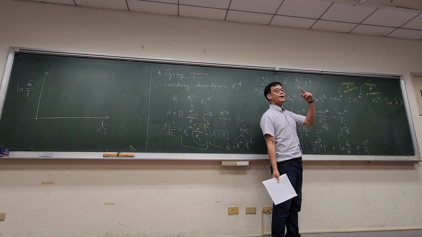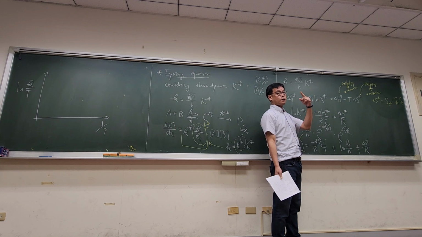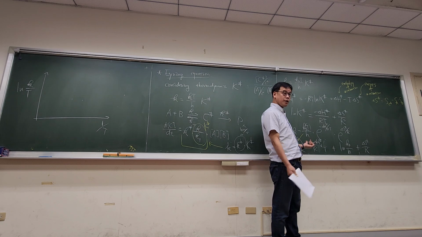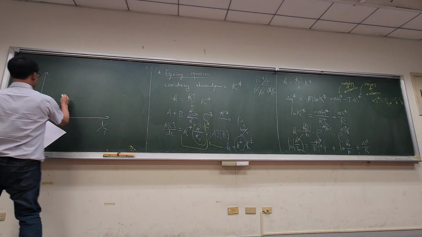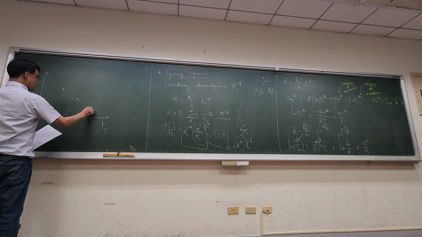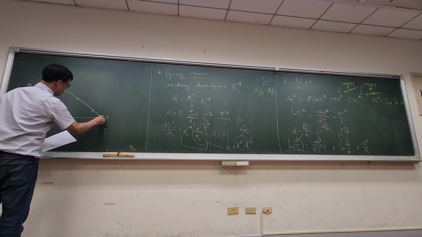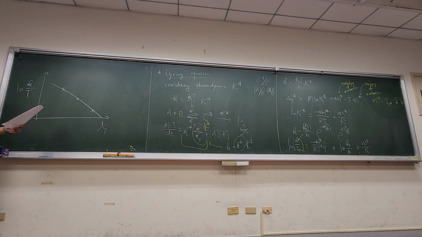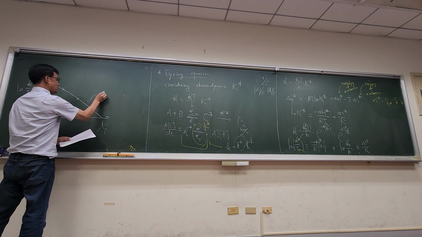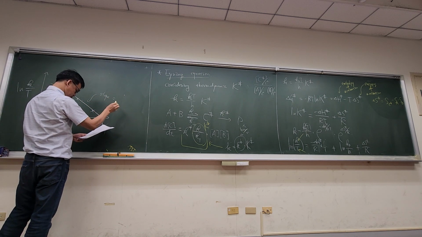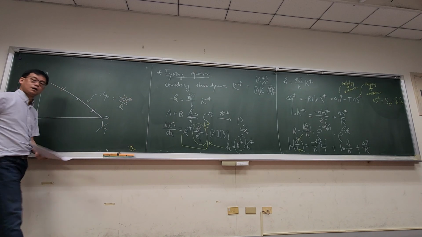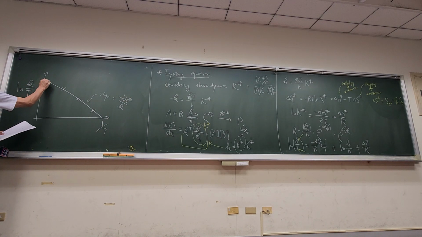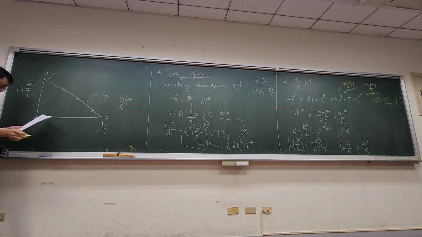So you go to higher 1 over T, which means lower temperature, and this value will be smaller. So experimentally, it will be something like this. And the slope would be this, and the intercept here will be this.